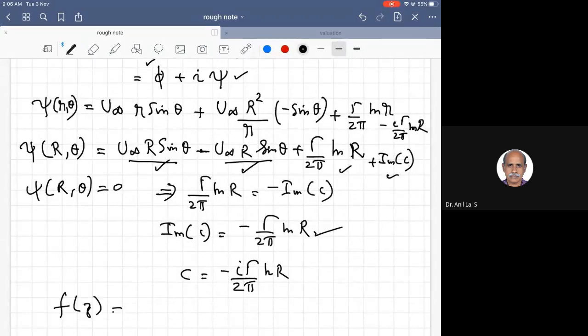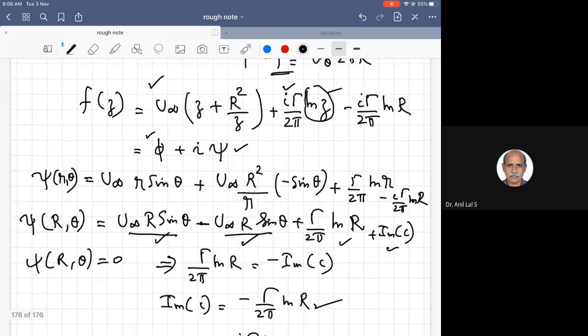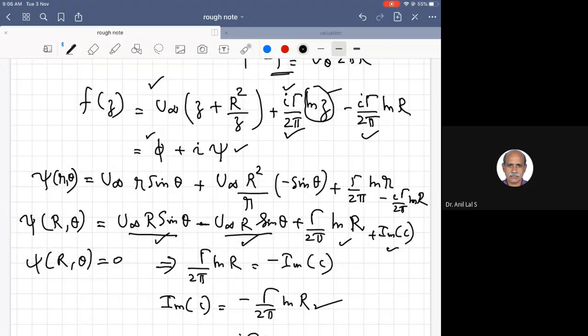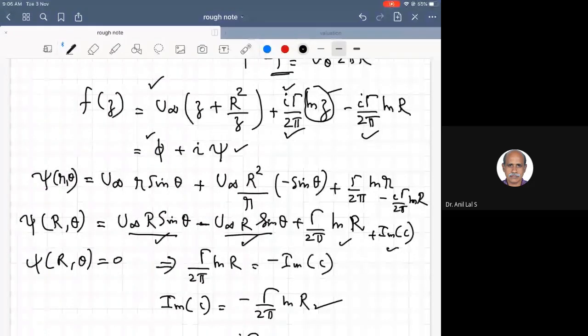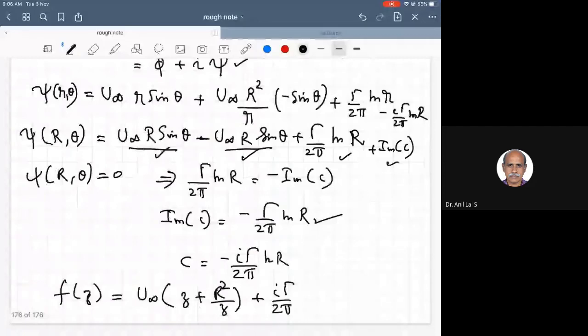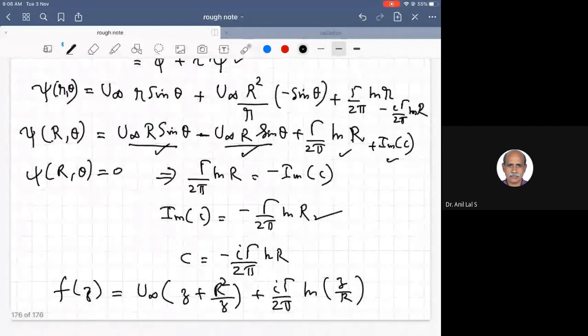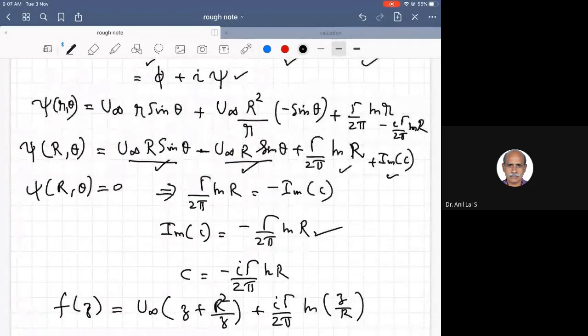F(z) is equal to U infinity times z plus R squared by z, plus i gamma by 2 pi log z minus log R, which is logarithm of z by R. So this kind of complex potential satisfies the flow past a rotating cylinder.